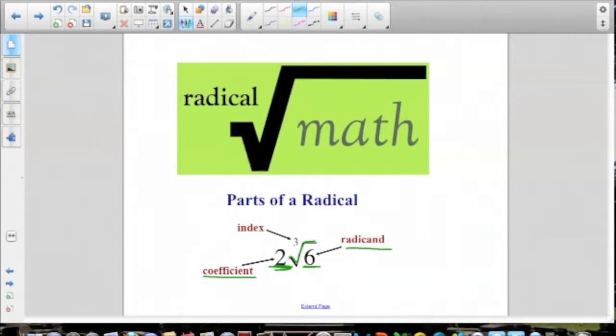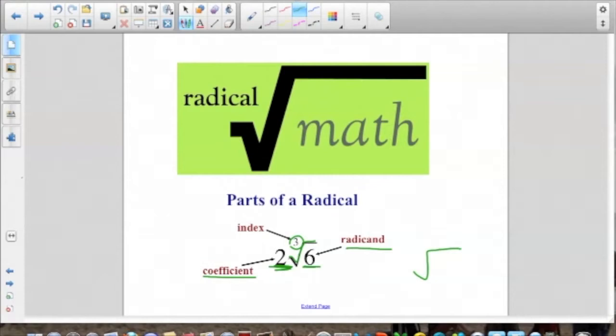And the last thing is we have a little number sometimes up here, and that is the index, which tells us how many times we are multiplying a number by itself to get into there. So often we see this in math, and it's the square root or the radical 9.